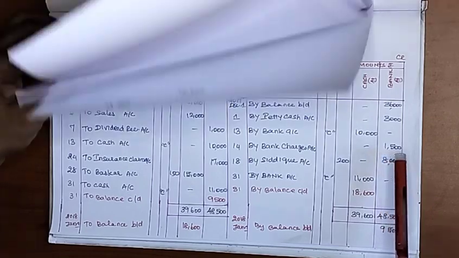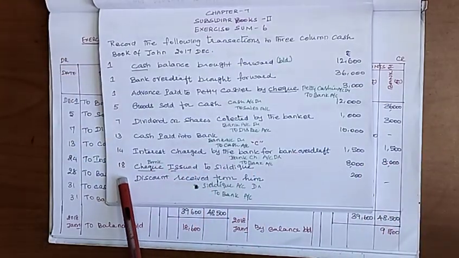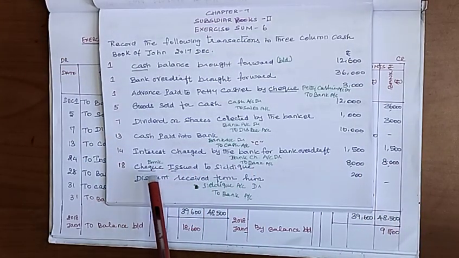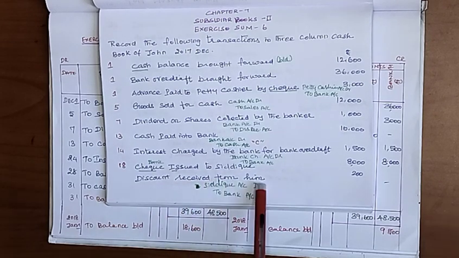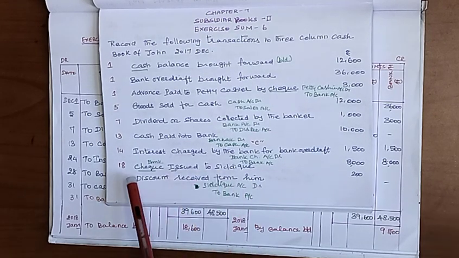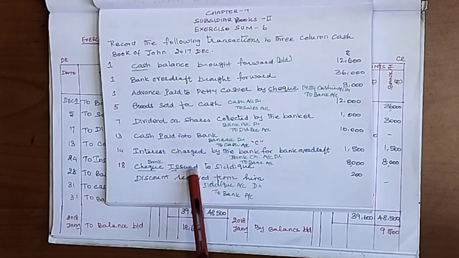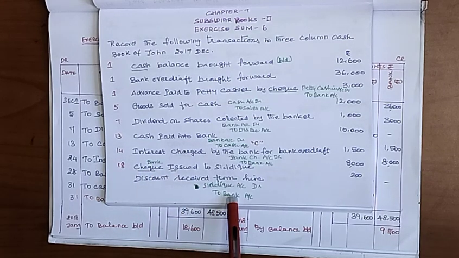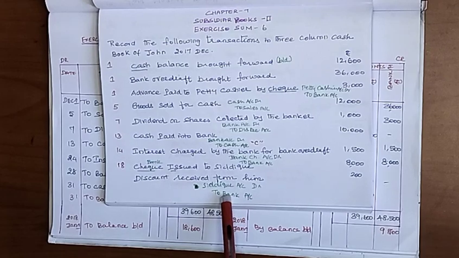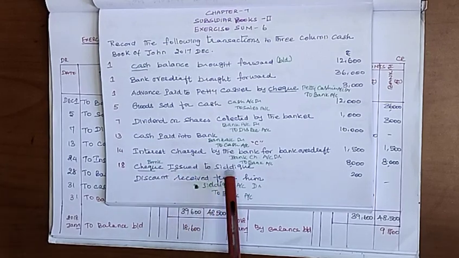The next transaction is December 18, check issued to Siddiq, discount received from him. So you issued a check to Siddiq, which means your bank account decreased. Why? Because you issued a check to Siddiq.